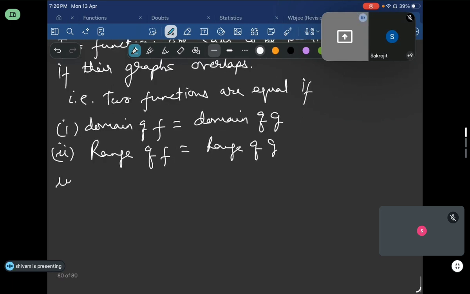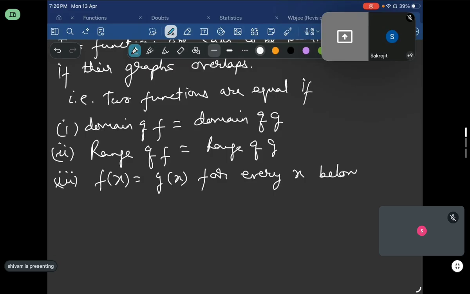Number three, f of x must be equal to g of x for every x belonging to their common domain.